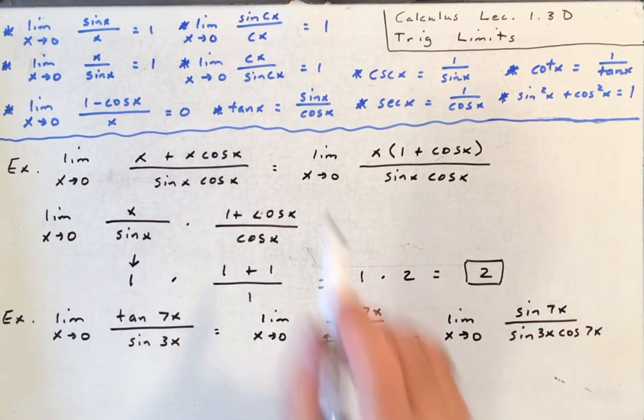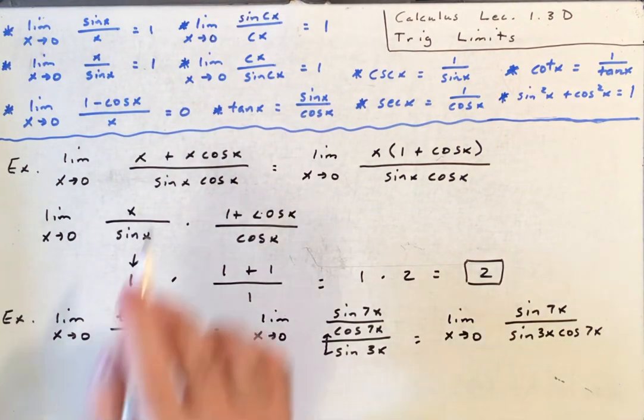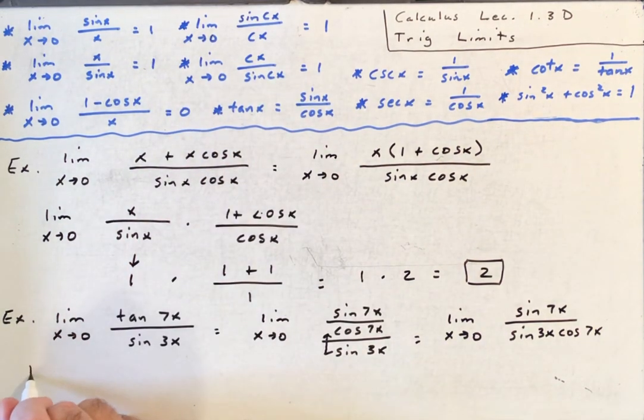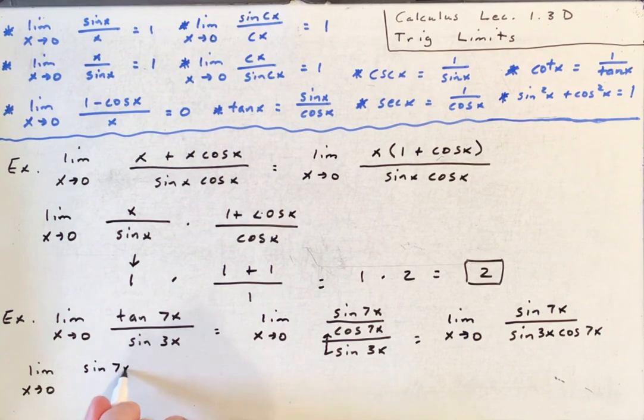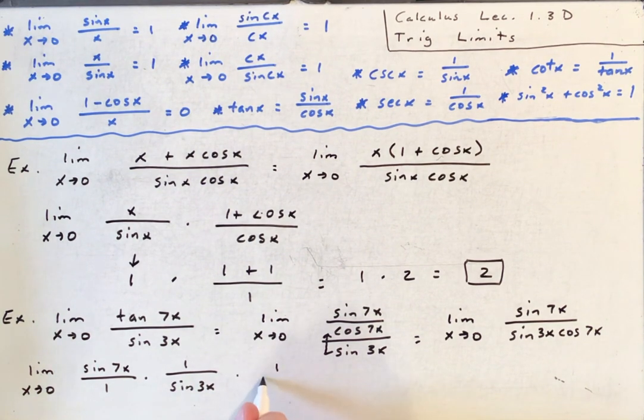Let's break it all up and see if we can make it look something like one of these formulas. So we have the limit, and you do have to write limit every time. How about we write it like this? Sine 7x over 1 times 1 over sine 3x times 1 over cosine 7x.